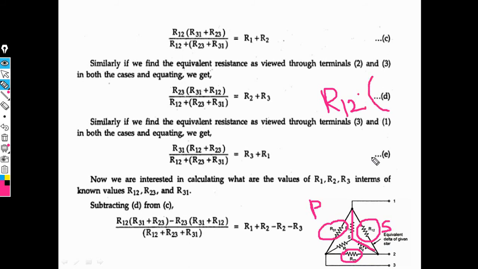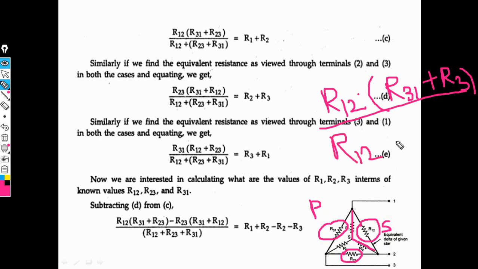Then parallel is R31 plus R23, upon the equivalent resistance, which is R12 plus R23 plus R31.